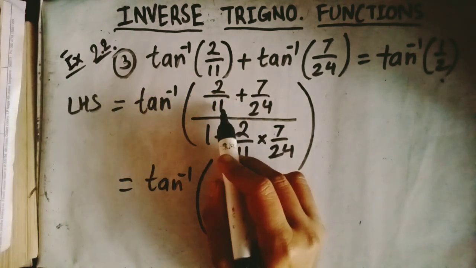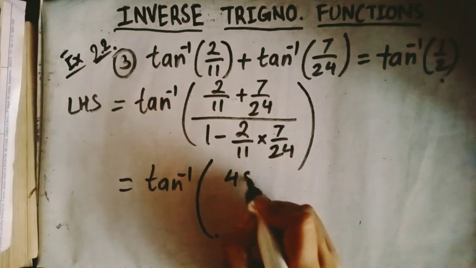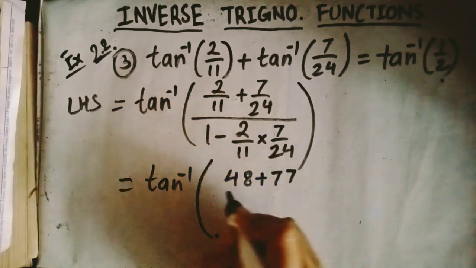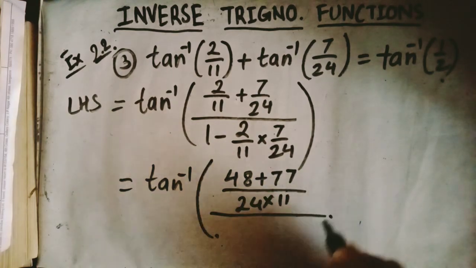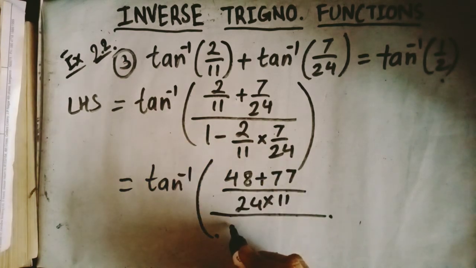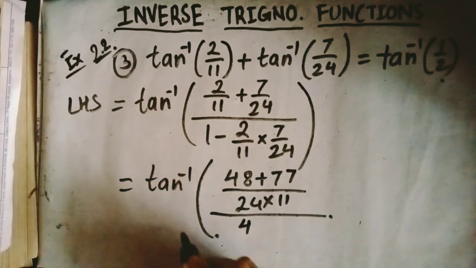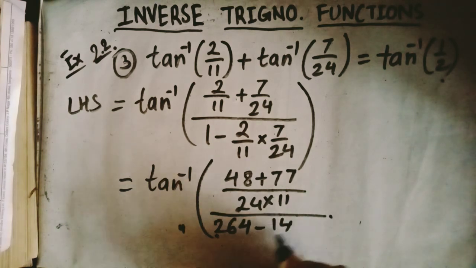So this will be 24 2s are 48 plus 77 upon 24 into 11 upon 24 into 11. So it is 44, 11 2s are 22, 22 plus 4, 26, 14 upon 24 into 11.